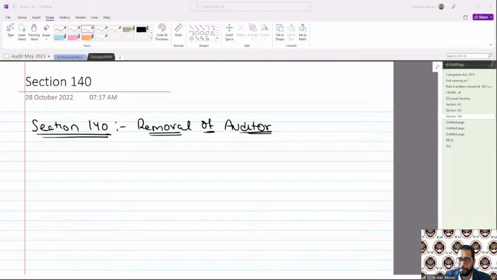Now, when we are not appointing the previous auditor, or the auditor does not wish to be appointed, then what is the procedure that we will be discussing here?